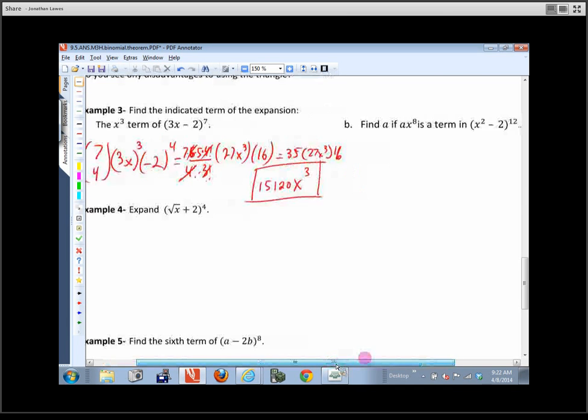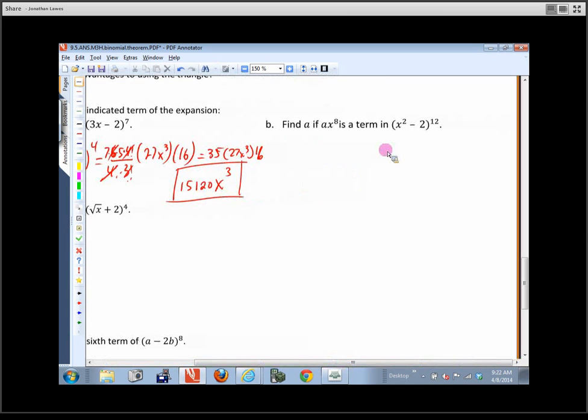Okay, if you get this, then let's take a look at this one right here. This one is a little bit different, but it's structured the same way. So we want to find A, and I think I may have written yours a little bit differently. I changed the verbiage for this when I was reading through it again. Find A. In other words, find the coefficient to the x to the 8th term if we're dealing with x squared minus 2 raised to the 12th.